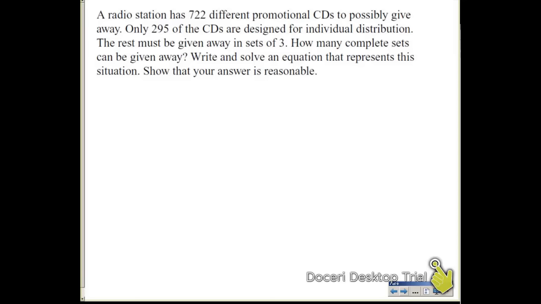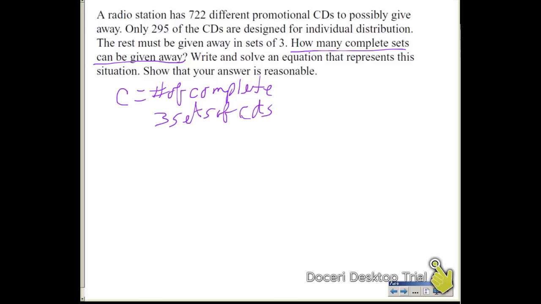Since the question is asking how many complete sets can be given away, I'm going to let C equal the number of complete 3-sets of CDs. Now I know they have a total of 722, so the total CDs of 722 is coming from single CDs given away, plus sets. And the sets are in groups of 3.